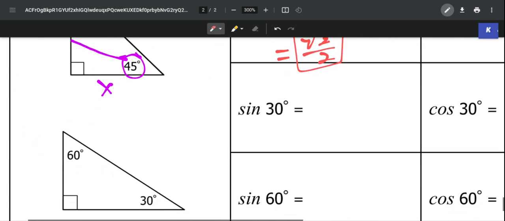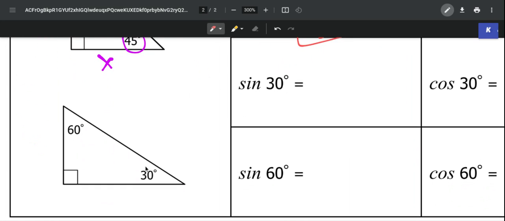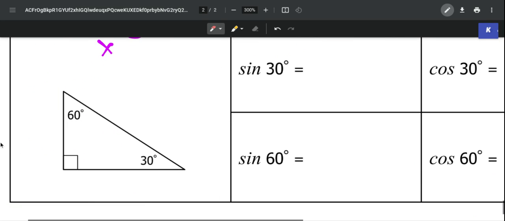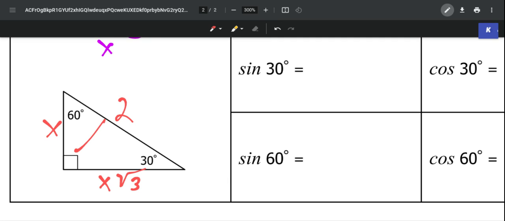Now we can go to our 30, 60, 90 and do pretty much the same thing. If we know we're working with a 30, 60, 90 triangle, we know that our shorter leg, which is the one adjacent to 60 degrees, is x. Our longer leg, which is adjacent to 30 degrees, is going to be x radical 3. And then we know our hypotenuse, which is opposite the right angle, is 2x.